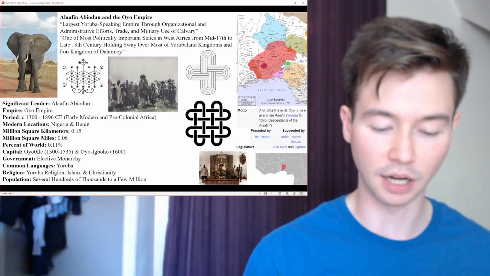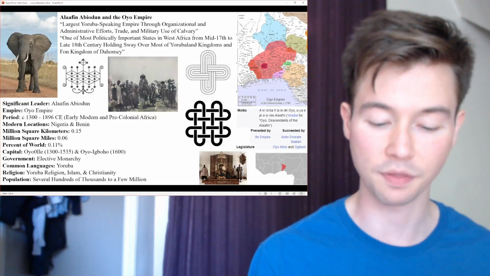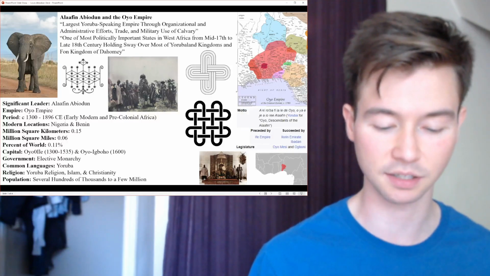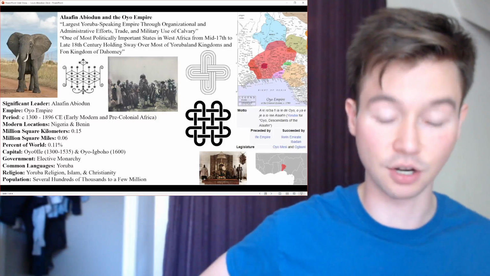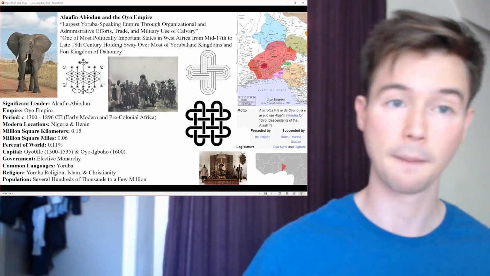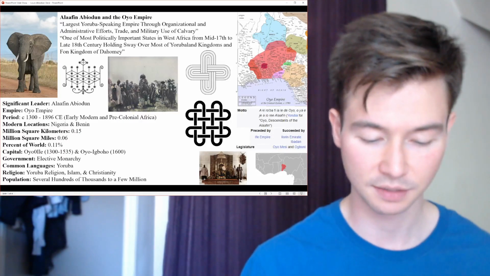The empire reached its zenith under Alaafin Abiodun, who reigned from circa 1650 to 1680, who further expanded Oyo's territory, subduing the Nupe and Dahomey kingdoms and extending influence over the Yoruba hinterlands. But by being at the zenith, necessarily things start to decline after this.